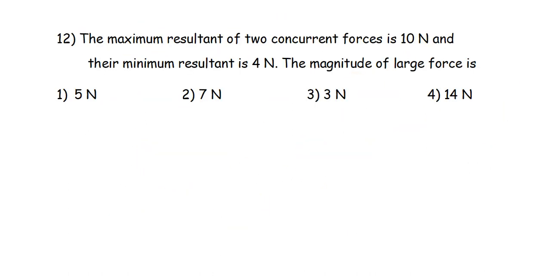Next one is, the maximum resultant of two concurrent forces is 10 newtons and their minimum resultant is 4 newtons. Find the magnitude of the larger force. So, two concurrent forces are there. Resultant means, suppose that F1 and F2 are two vectors.